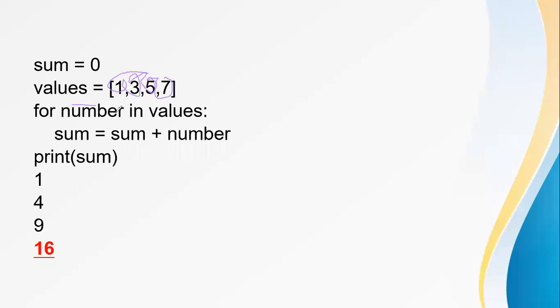Whatever it may be, element, digit, whatever it is, the number indicates an element in the values. Values is a list actually. We will be studying this data type soon. What is the meaning of this square bracket? Clear? Okay.